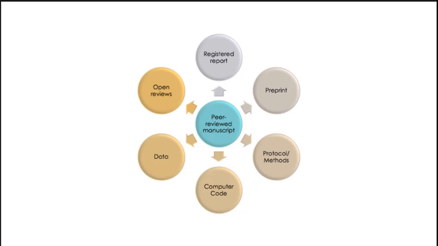It's preprints, it's registered reports, it's open peer review, something I haven't mentioned here. It's the deposition of protocols, methods, computer code, other aspects of data, and the peer-reviewed manuscript is only one part of the ecosystem for researchers.